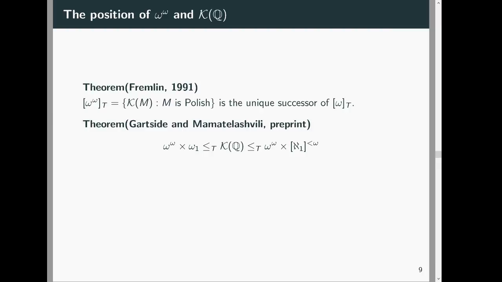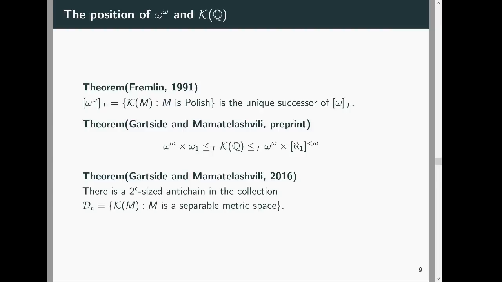And they also proved that after the irrational, things seem to get crazy, so there are 2 to the C size antichains after the irrational. So KQ is one of them. After the irrational, things are very complicated.